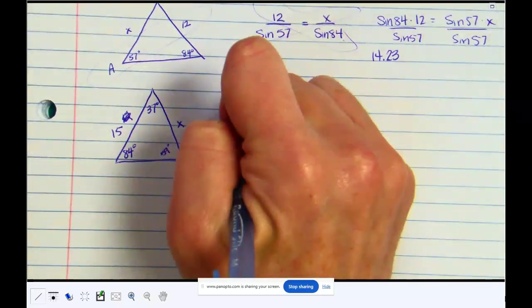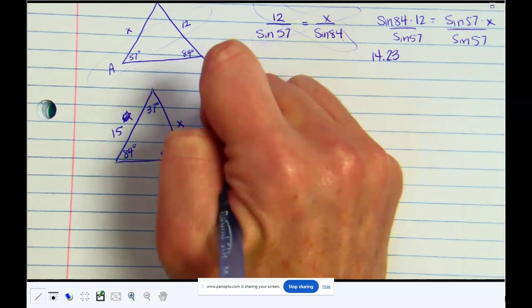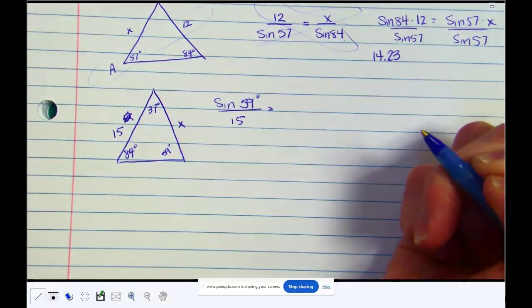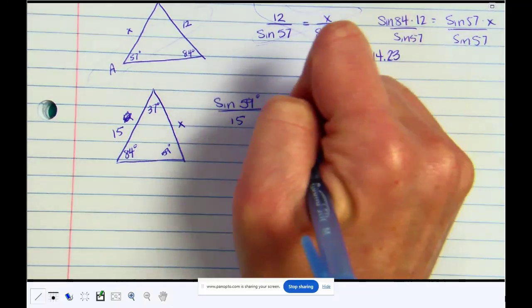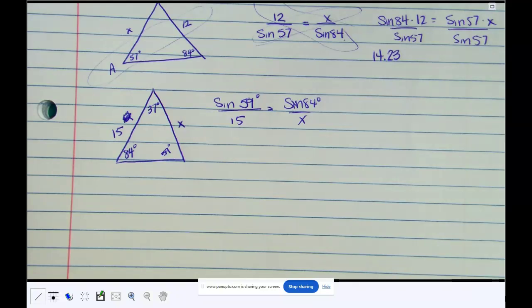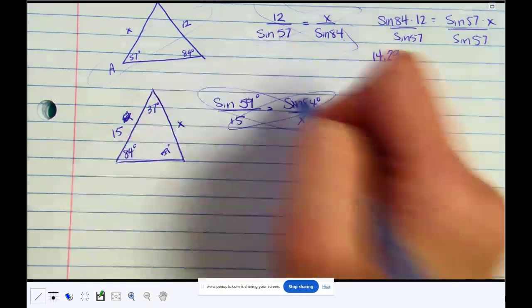So just so you know, you could do it upside down too. Doesn't matter. Sine of 84 over x. It's just still cross multiply and divide.